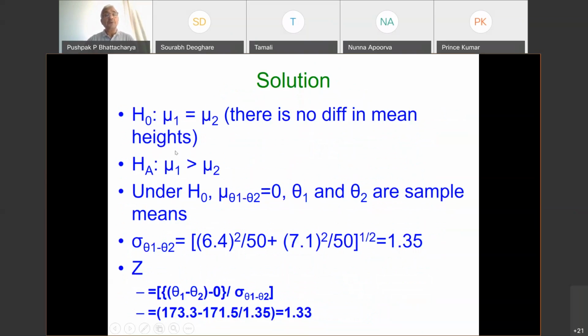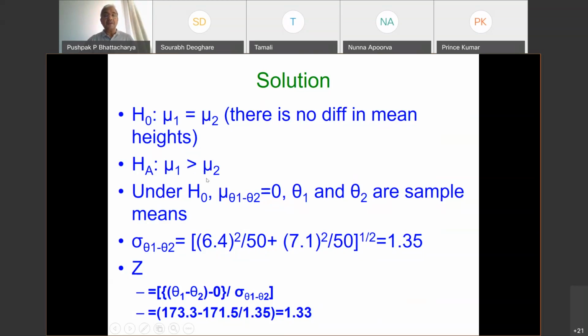So we assume mu1 equal to mu2, where mu1 is the population mean for people who participate in athletics, and mu2 is the population mean for people who do not participate in athletics. We start with the null hypothesis that mu1 is equal to mu2, and the alternative hypothesis is mu1 is not equal to mu2.